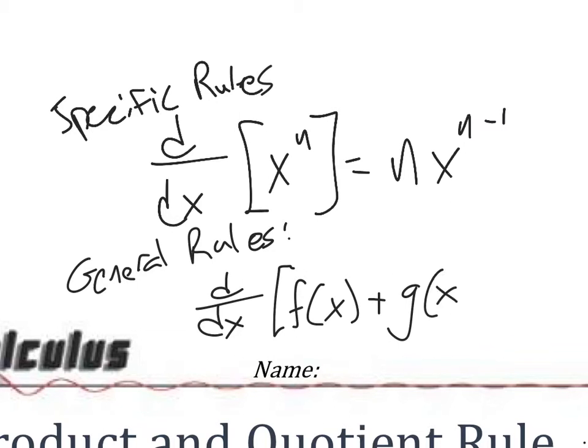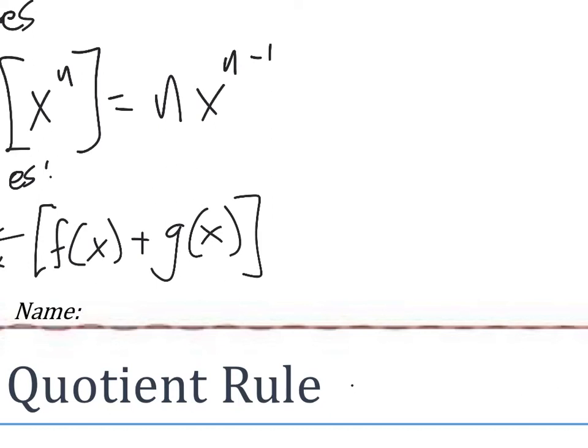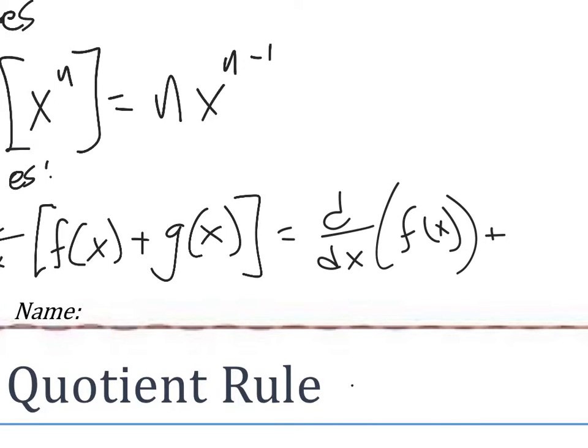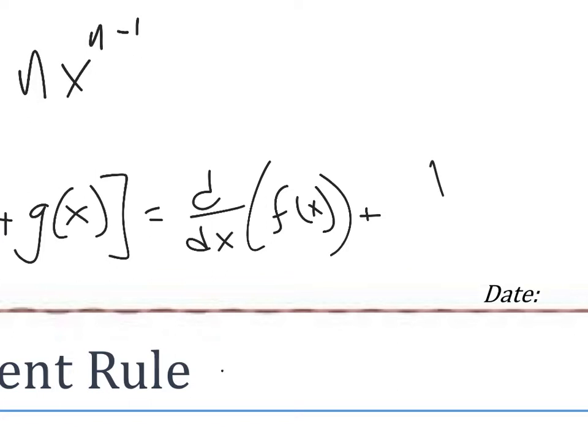In other words, two things. Maybe one is like x cubed plus x squared. Those are two separate things added together, okay? So we got this general rule now that says, well, that's just the derivative of f of x plus the derivative of g of x, okay?